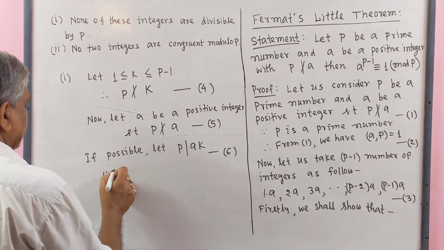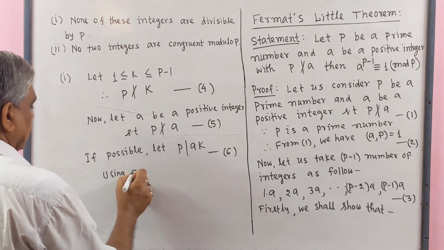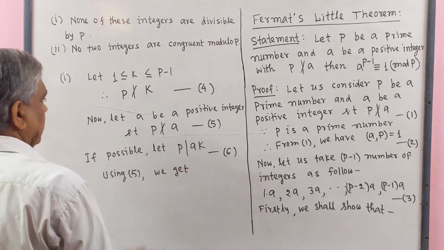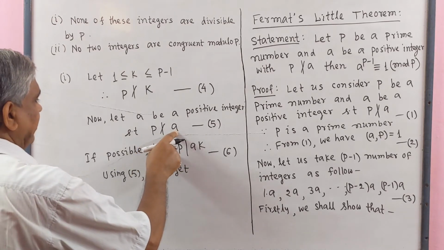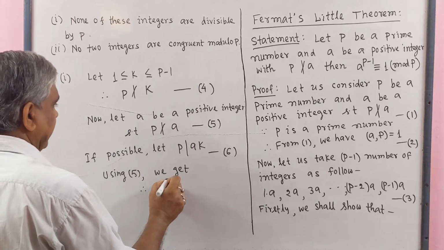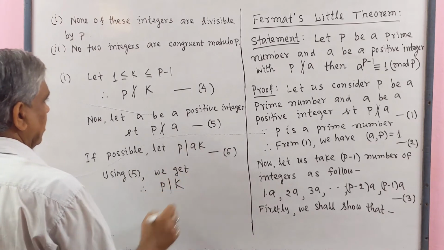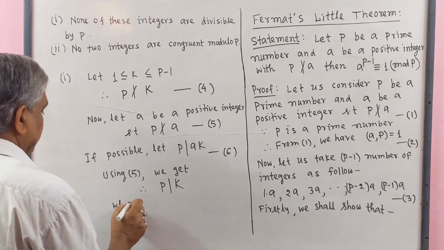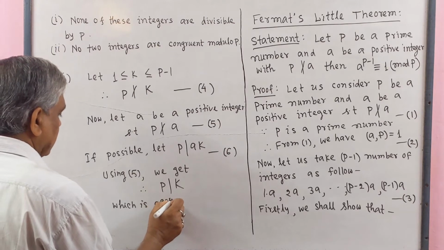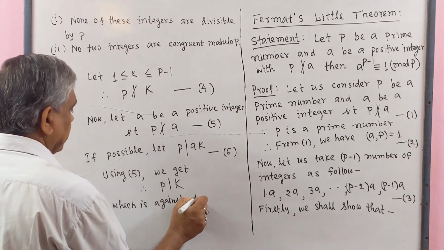Using 5, we get in 5 P does not divide A, therefore P divides K, which is against 4.